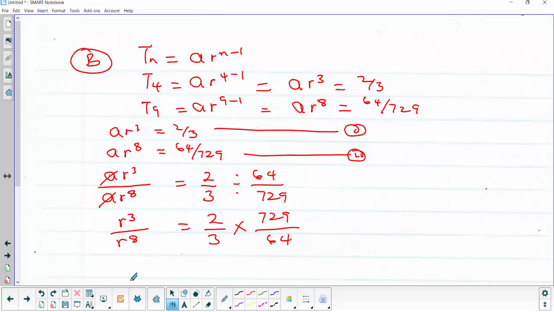Now we can apply the exponent rule, which gives R raised to power 3 minus 8. 2 goes into 2 once and into 64, 32 times, and 3 goes into 3 once and into 729, 243 times. So this is equal to 243 divided by 32. Let us continue with the calculation now.